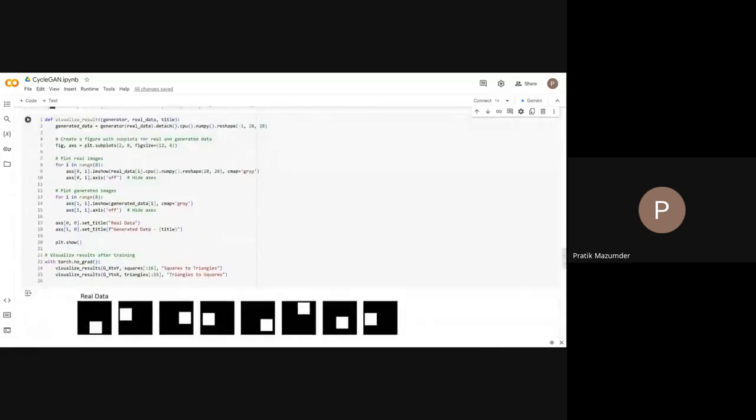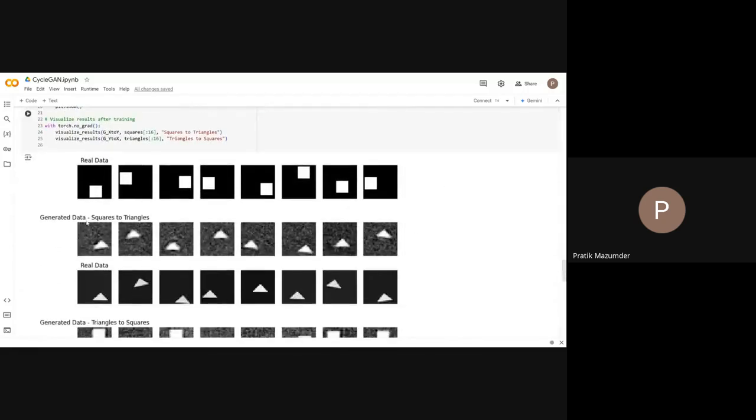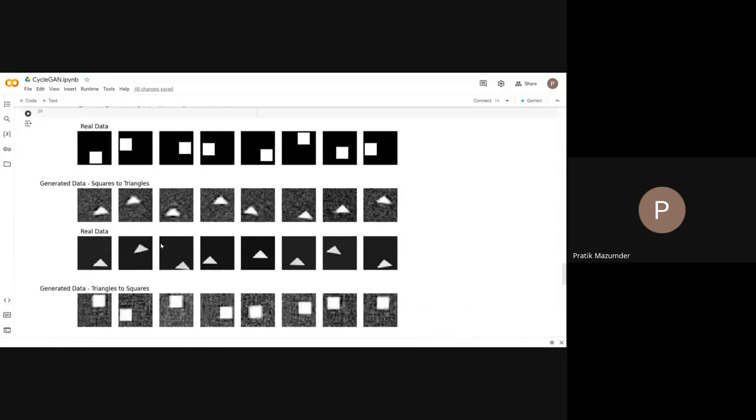And you get something like this. It's able to convert at least the squares to triangles, or triangles to squares. But the position, it has not yet learned, because it's a very basic 2-3 layer fully connected network. So the spatial information may not have been incorporated well enough to specify the same position for the generated or converted images.